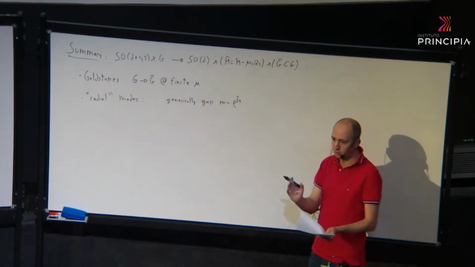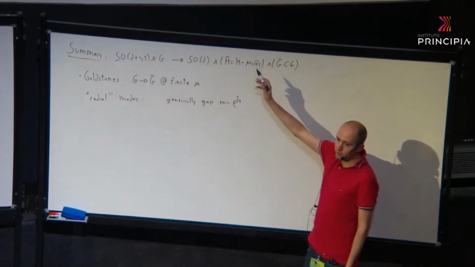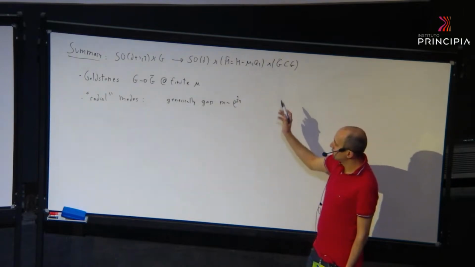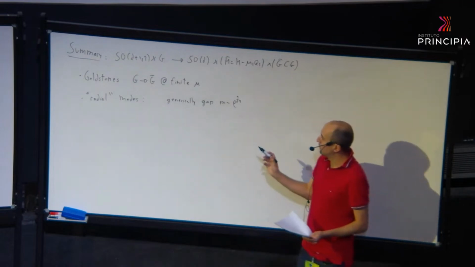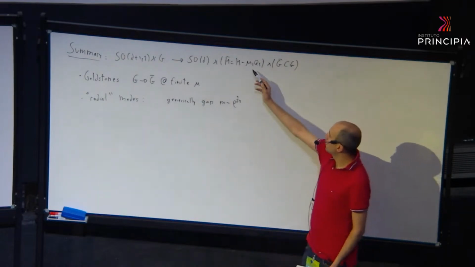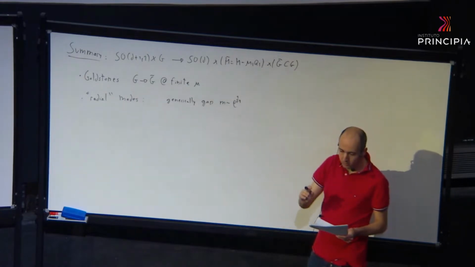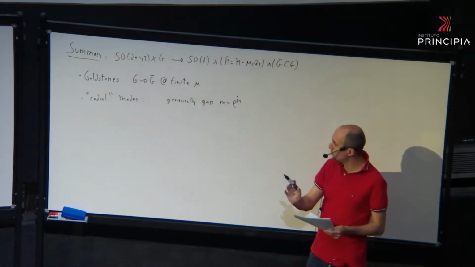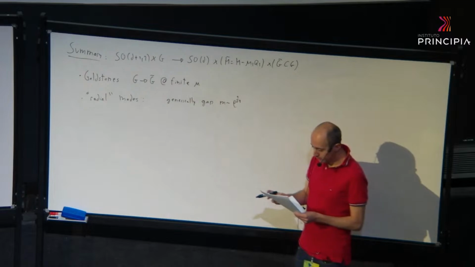Here, if you turn on a generic direction in chemical potential space, you should flow to a simple phase. Since you're breaking some symmetries, this phase cannot be gapped, but you shouldn't have extra modes accidentally. Of course, if you have more than one chemical potential, then you will have some dimensionless ratio that you can tune, and there might be phase transitions at those points. But beyond those points, you should expect modes to be either gapped or Goldstone bosons.